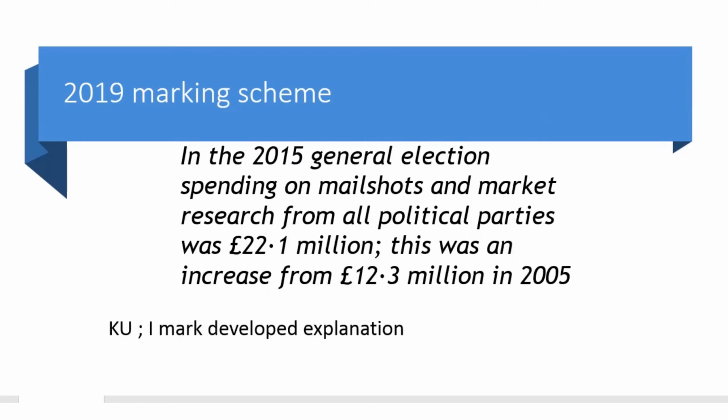And then they go on in the marking scheme. In the 2015 general election, spending on mail shots and market research from all political parties was 22.1 million. This was an increase from 12.3 million in 2005. So what you've done here is develop the explanation, so you get the second knowledge mark.